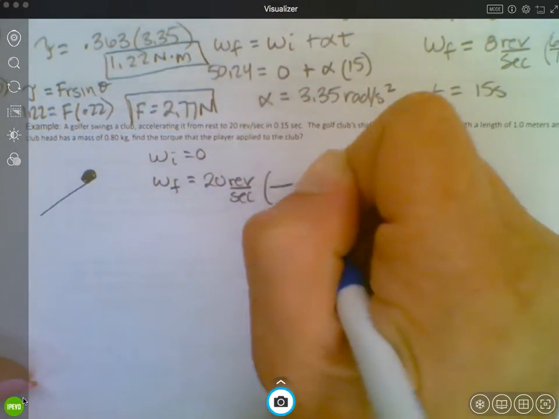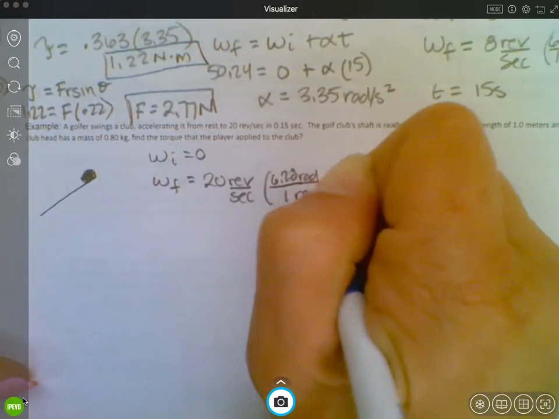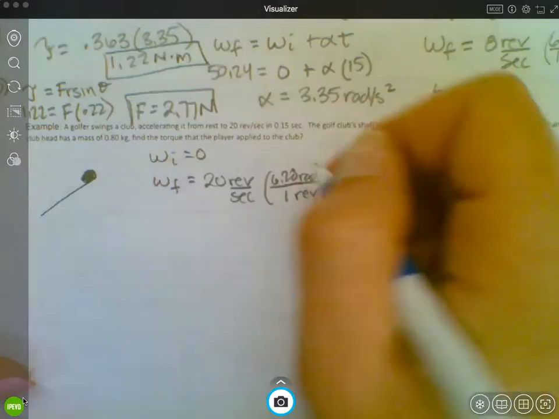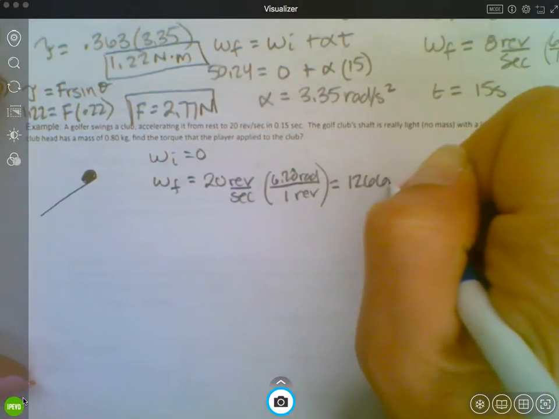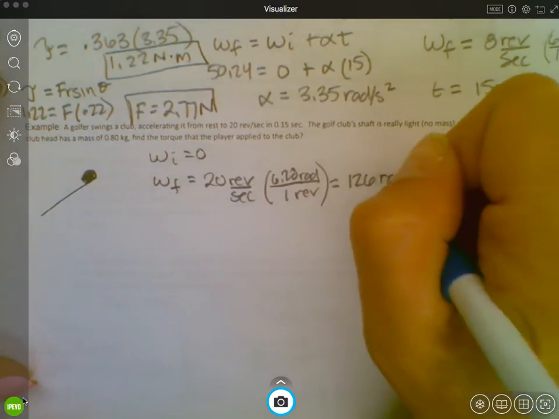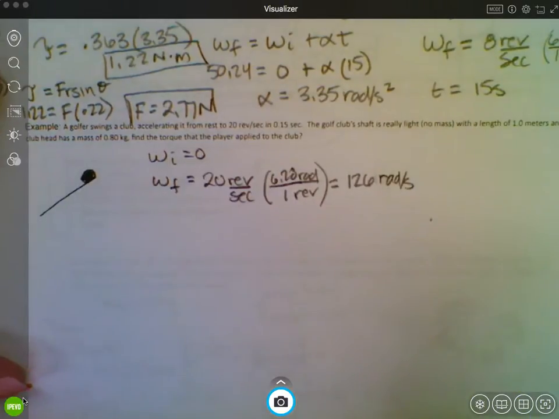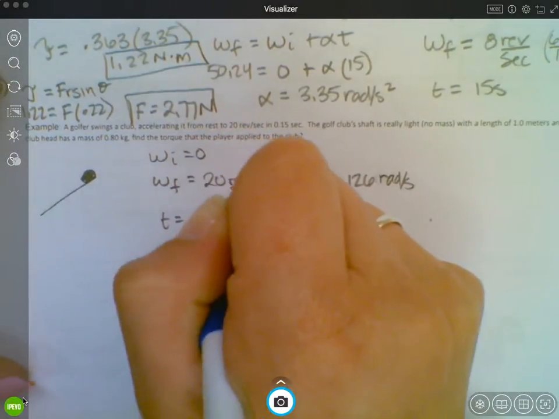Again, I'm going to instantly change that to radians because I don't like revolutions per second. So that's actually equal to 126 radians per second. Okay. In 0.15 seconds.